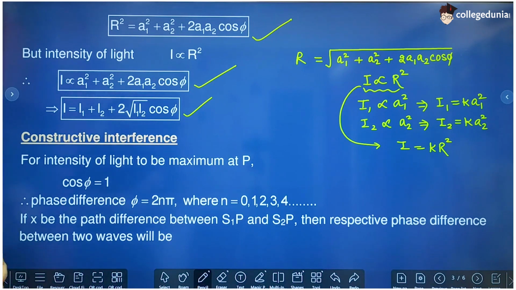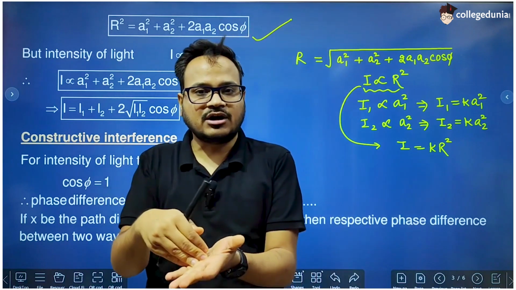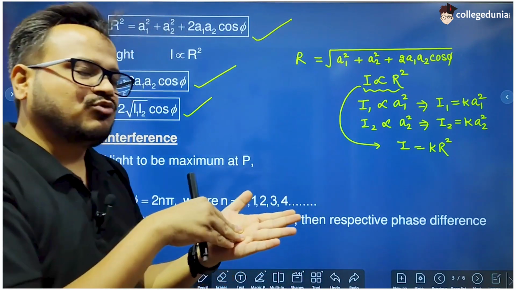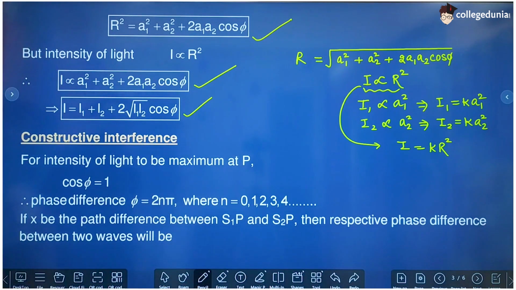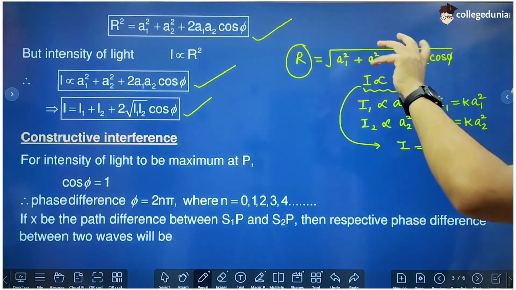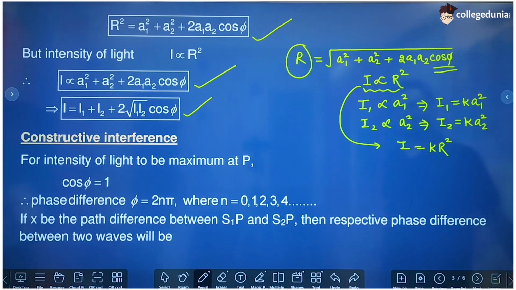Okay, what is constructive interference? When the crest is falling on the crest and trough is falling on the trough, and we are getting a light band. That interference is called constructive interference, where the resultant amplitude is maximum. The value of this R depends solely on the value of cos phi, because A1, A2 are going to be constants.